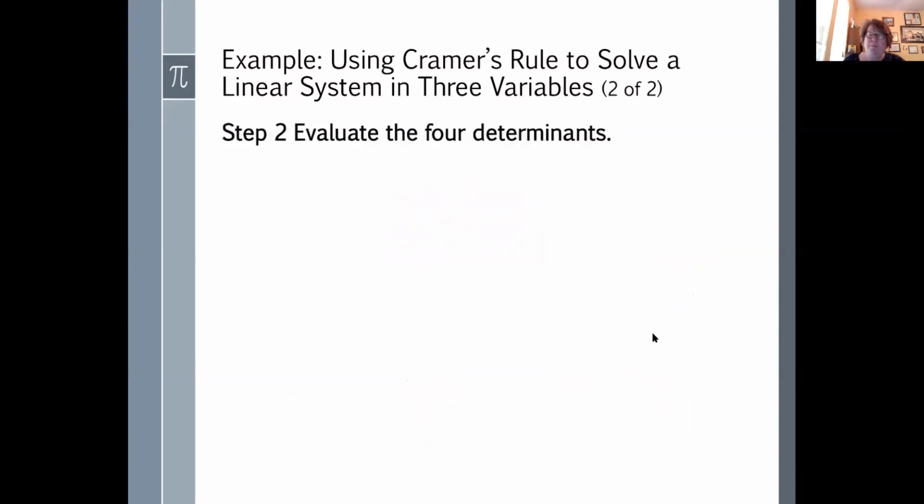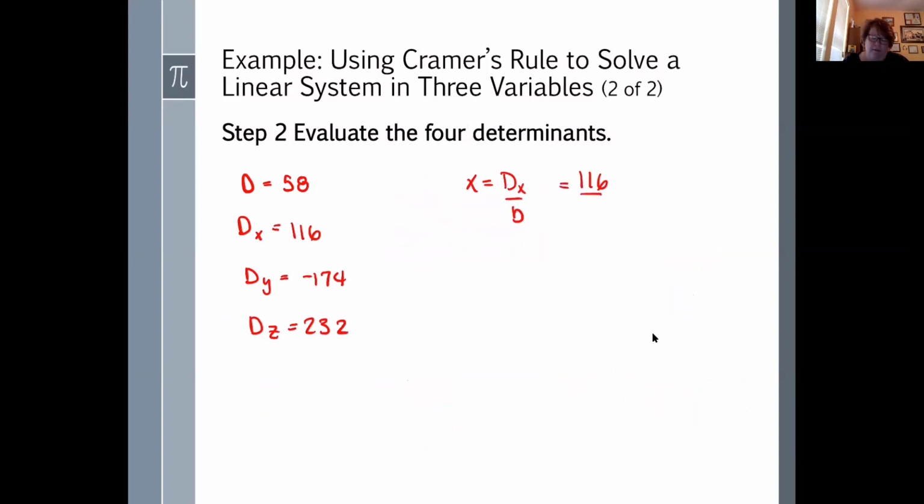All right, so now that we have the 4 determinants, D was 58, D sub x was 116, D sub y was -174, and D sub z was 232, I can find x, y, and z. X is D sub x divided by D, which is 116 divided by 58, which is 2.